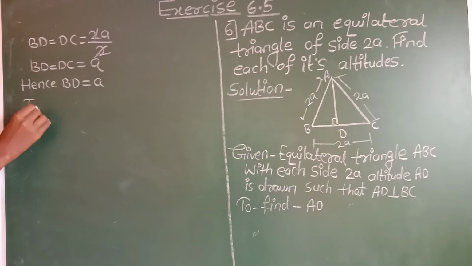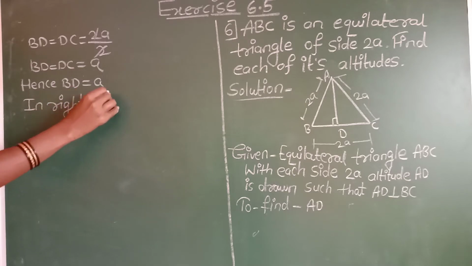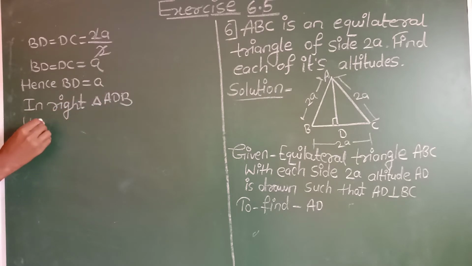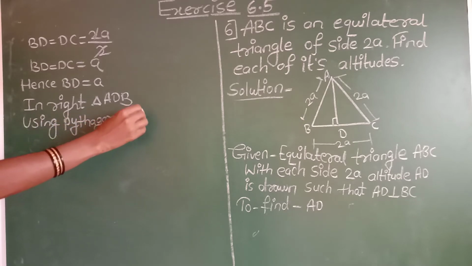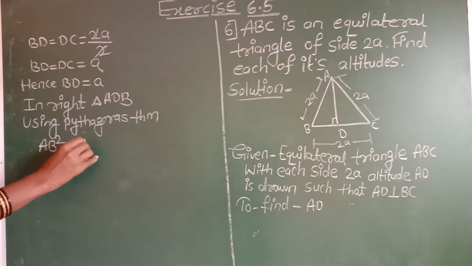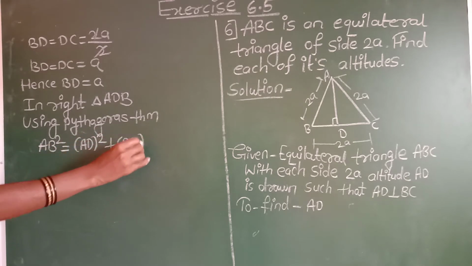In right triangle ADB, using Pythagoras theorem, we can write AB square is equal to AD square plus BD square.